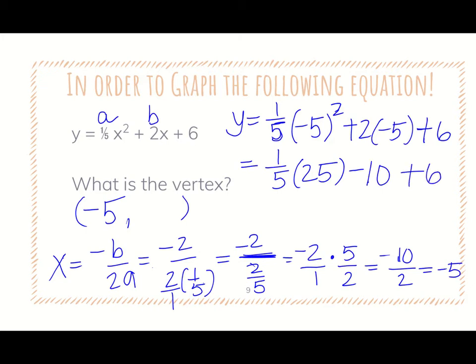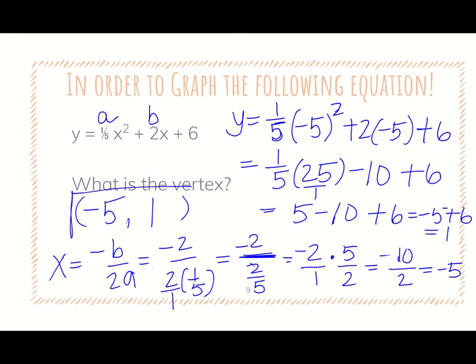This is 1 times 25, which is 25, divided by 5. So 25 divided by 5 is 5. 5 minus 10 plus 6. 5 minus 10 is negative 5. Negative 5 plus 6 is 1. So hopefully you got the vertex to be (-5, 1). If not, pause and make sure you have this written down.